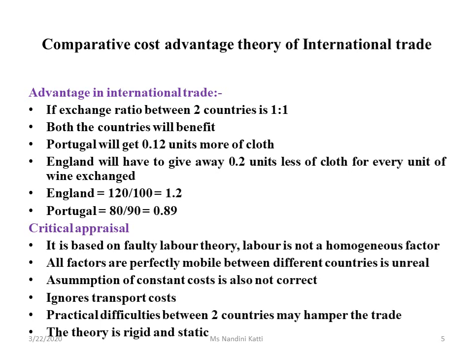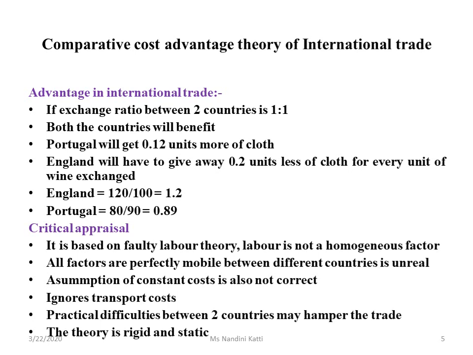If we enter into international trade and the two countries decide to trade with each other, then the advantage for each of the countries is as follows. Suppose the exchange ratio between both the countries is 1:1. Both the countries will stand to benefit. Portugal will get 0.12 units more of cloth for every 1 unit of wine exchanged, and England will have to give away 0.2 units less of cloth for every unit of wine that is imported.